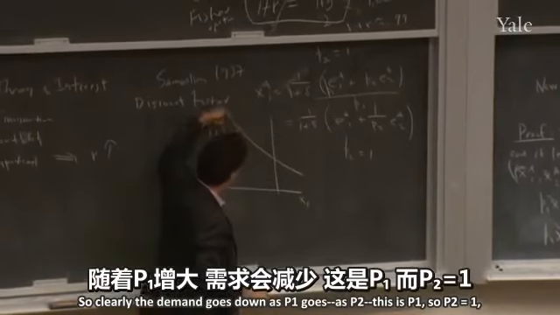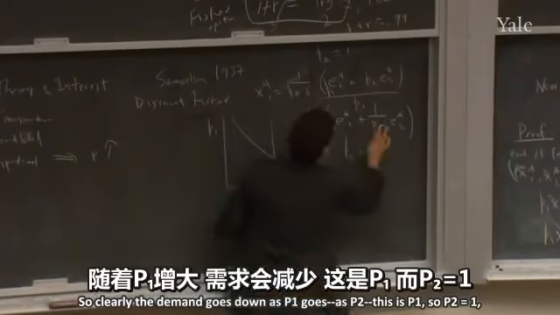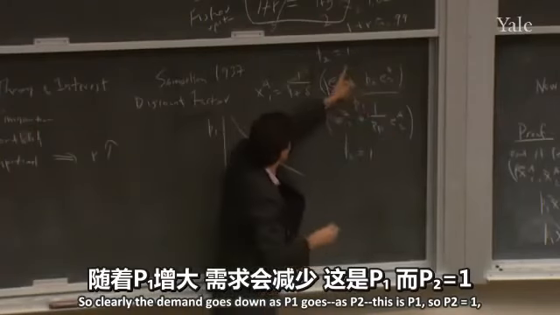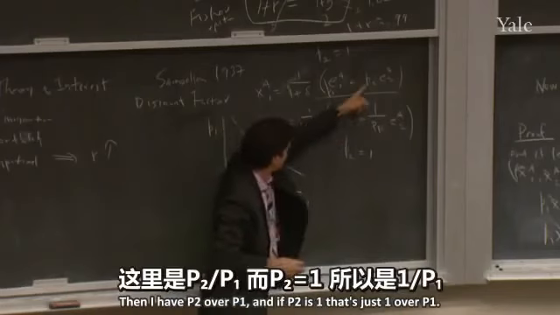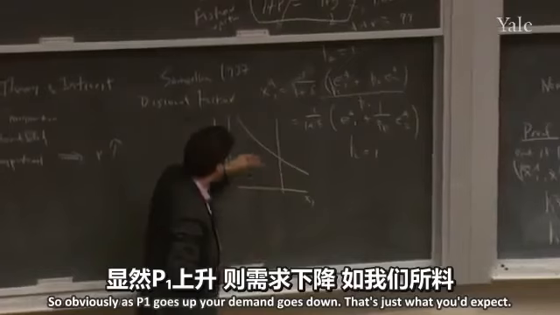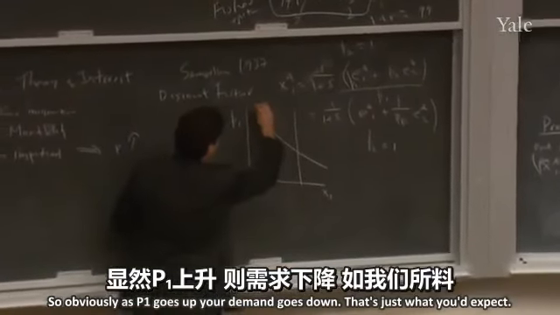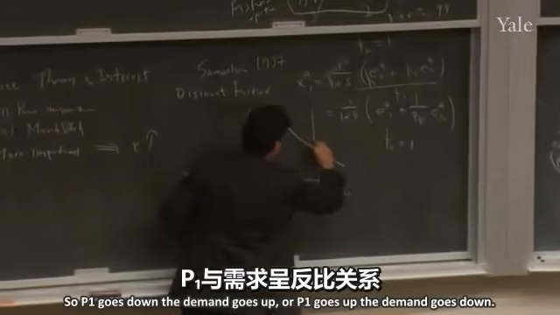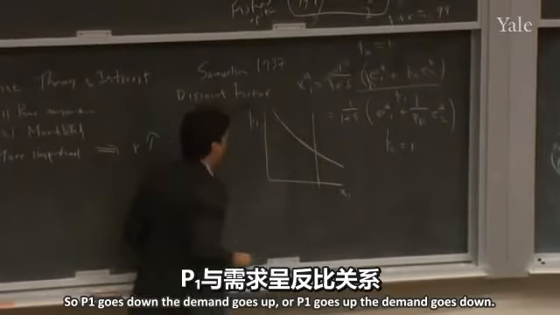So clearly the demand goes down as P1 goes up. If I divide by P1, P1 over P1 goes away, and then I have P2 over P1, and if P2 is 1, that's just 1 over P1. So obviously as P1 goes up, your demand goes down. That's just what you'd expect.